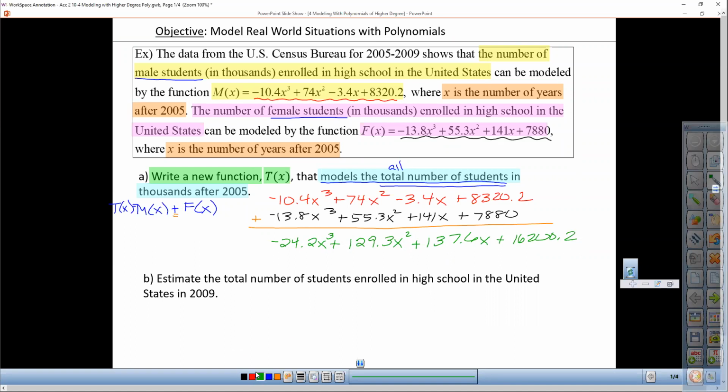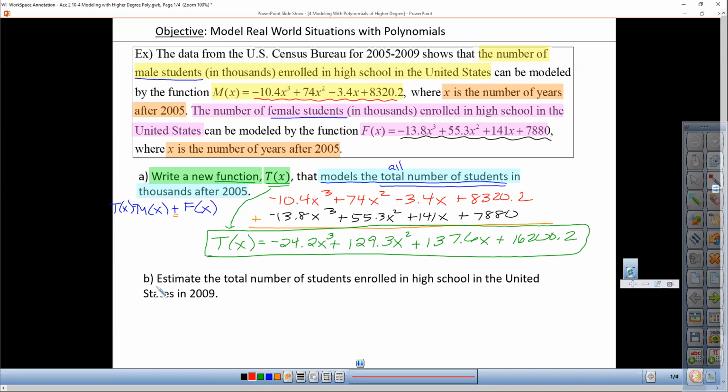And just like I said yesterday, remember, is this what I have in green my final answer? No, it is not, because I'm supposed to write a function, and my function isn't done until it has its name, which is the t of x. So I want to make sure that my answer starts with t of x equals. Now I've finished my function for part A.